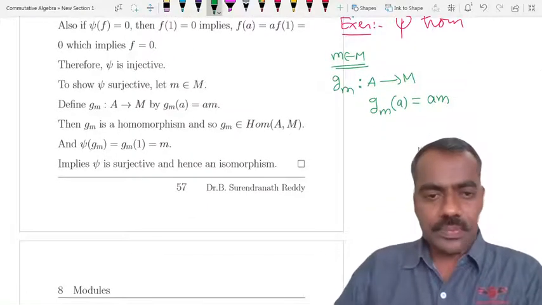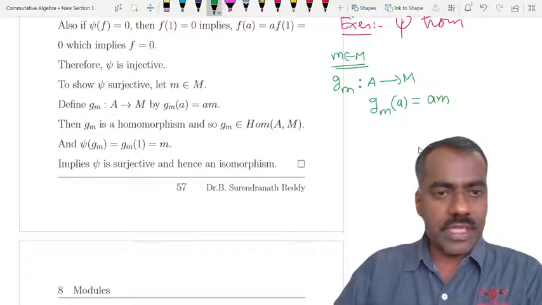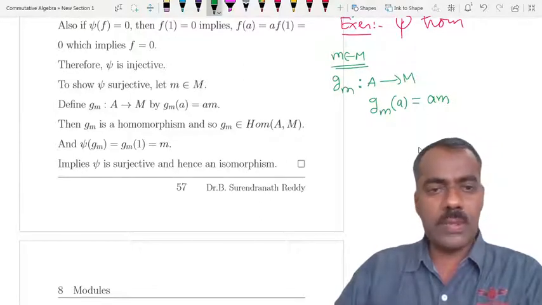Then you can check that g_m is a homomorphism, so therefore it belongs to Hom(A, M).